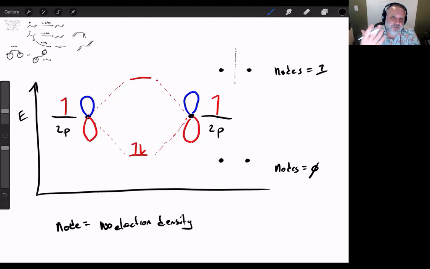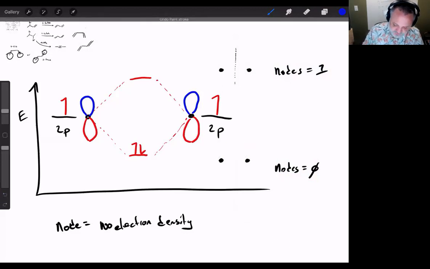When it comes to being able to draw the resulting molecular orbitals, I want to think about how to draw that based on how many nodes there are at each of these energy levels. And so let me show you what happens. In the lower energy case, the 2 individual p orbitals combine so that their phases are in the same position.